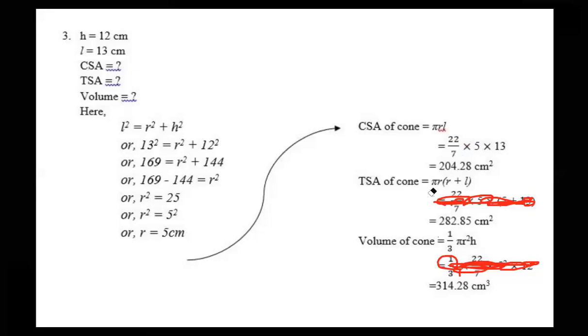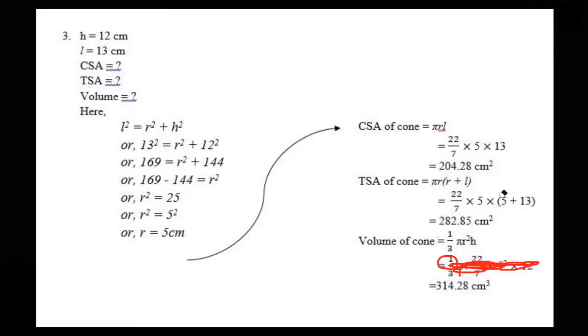Now TSA. Pi R into bracket R plus L. Put the values. Pi means 22 by 7, radius is 5 that we have found, and in the bracket R plus L, L is 13. I told you how to calculate the TSA. In the calculator, 22 by 7 into 5 into, and 5 plus 13 is 18.